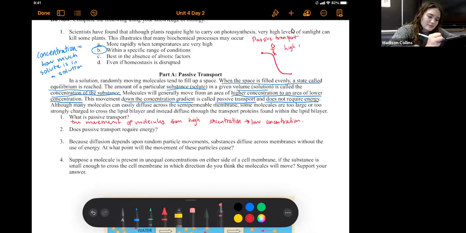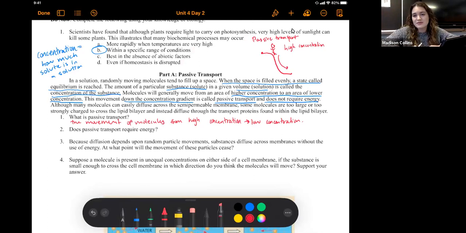But then once you scoot over to the ledge, eventually you're going to get to a part where you just start falling automatically. Now, does it require energy on your half to go down that slide? Are you out of breath by the end of that slide? No, because it doesn't require any energy to fall down a slide.